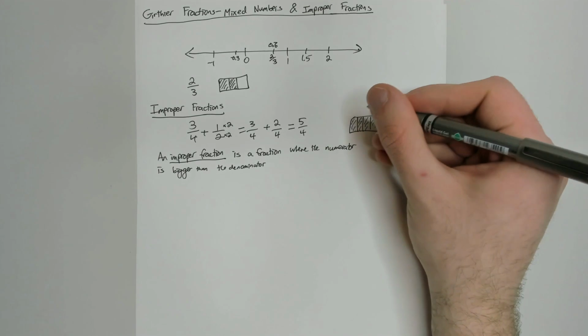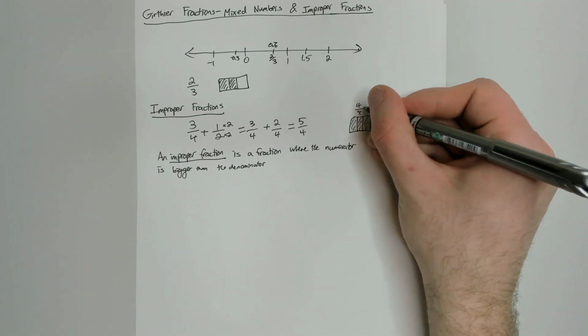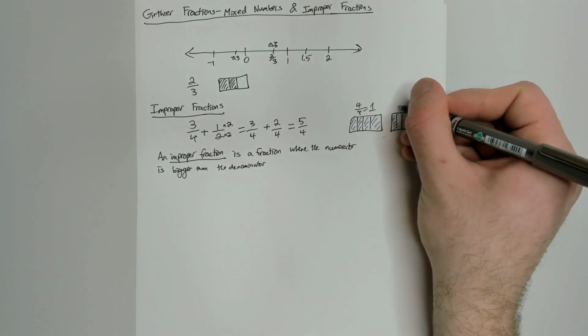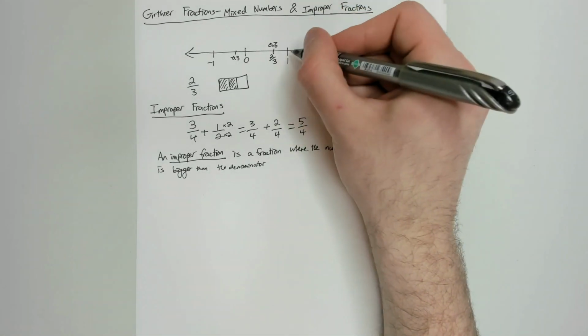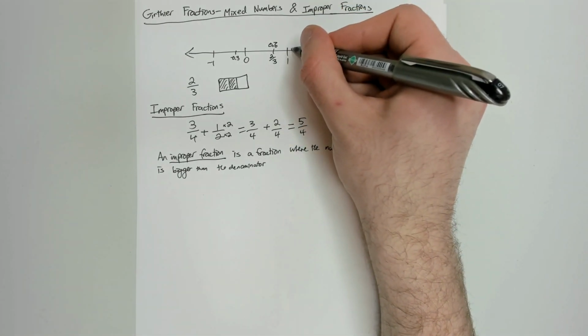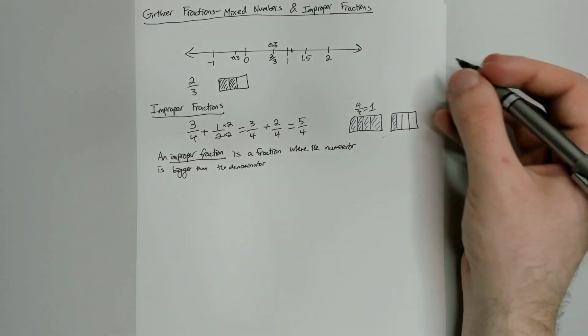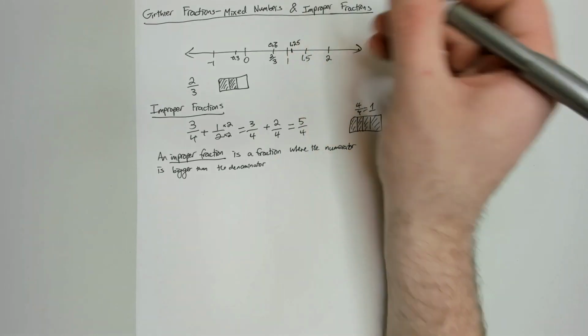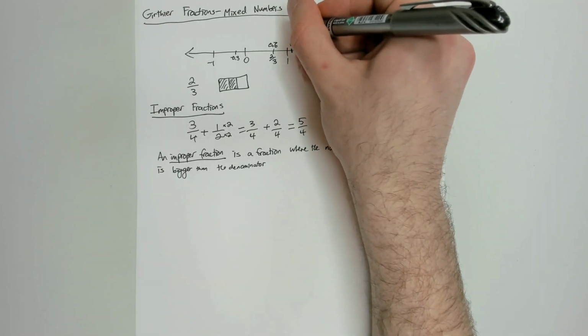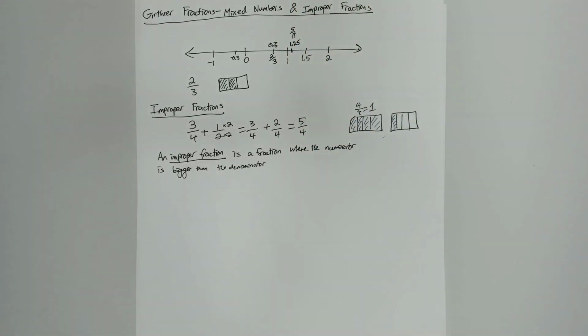A whole 4 out of 4, right? 4 out of 4 is 1. And then we've gone an extra quarter. So essentially, we can think of this as we've gone 1, and then we've gone an extra 0.25, right? 0.25 equals a quarter. So 1.25, we might expect, should be 5/4.